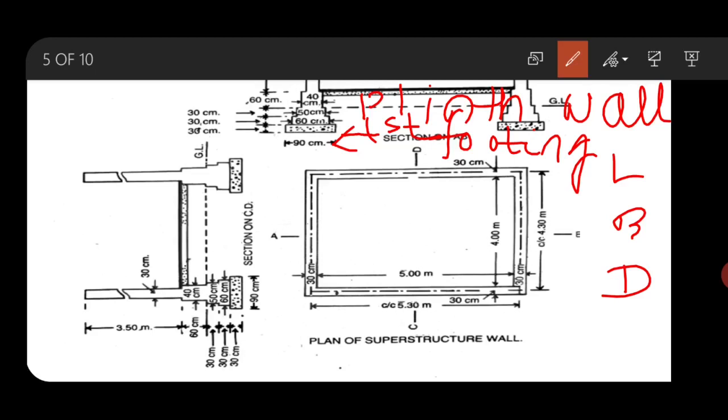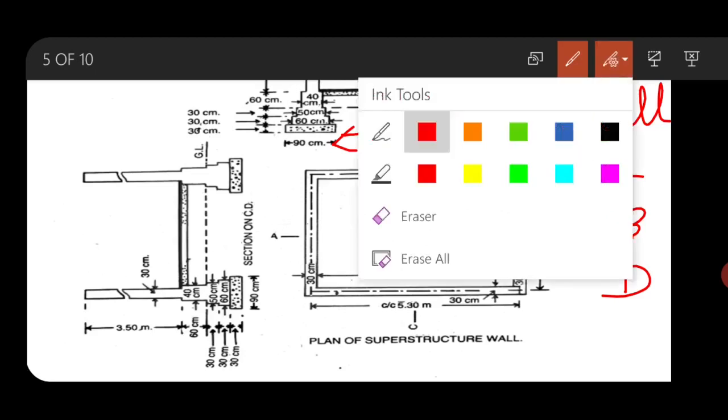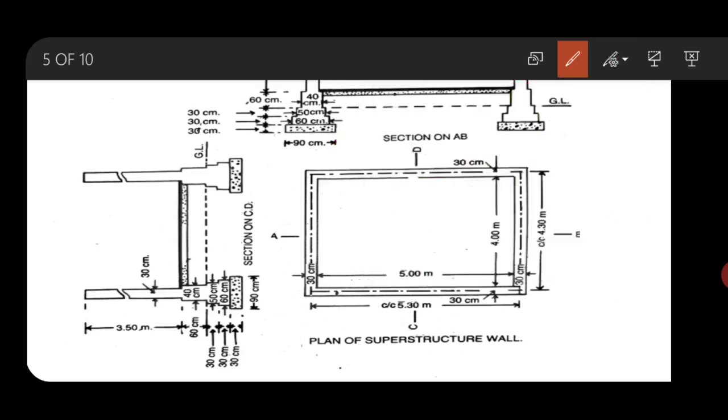So first we will go for calculation of brickwork in long wall, then we will calculate the quantity along short wall. So for calculation of quantity along long wall, we will first calculate the quantity of brickwork in first footing along long wall.